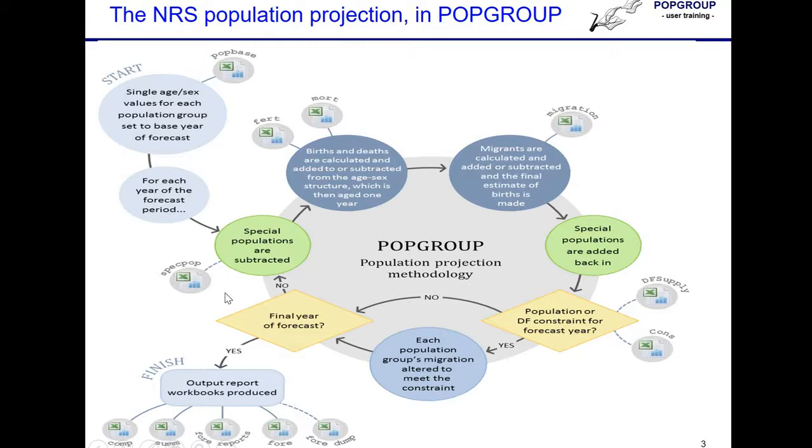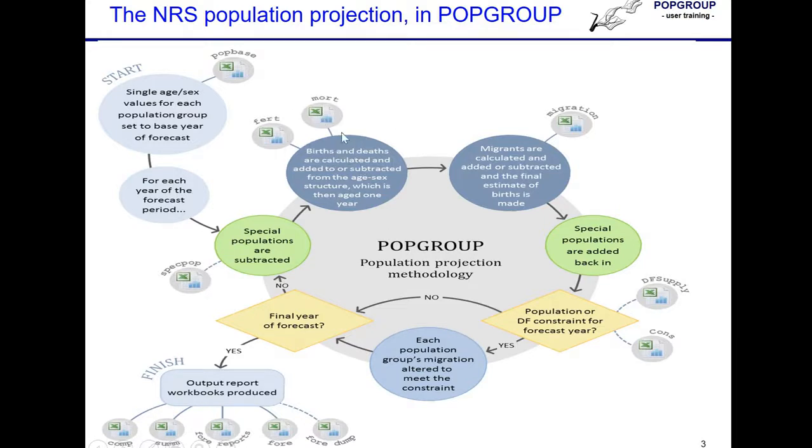These are groups within our population that we might not want to treat with the normal cohort component methodology of aging on and estimating birth, death, and migration. This will include things like armed forces, people in prisons, and students. So we take away estimates of those special populations from our population base. In POPGROUP, we have a special populations Excel file that contains the information on our special populations.